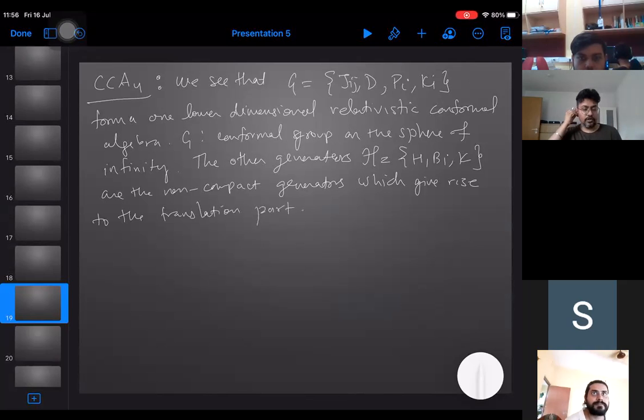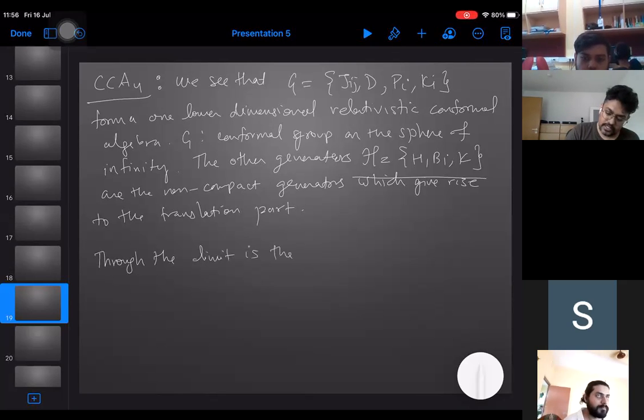So what we will now proceed to do is give this part at least an infinite extension. The key to this infinite dimensional extension of the finite algebra found through the limit is the time translation generator with arbitrary spatial dependence.